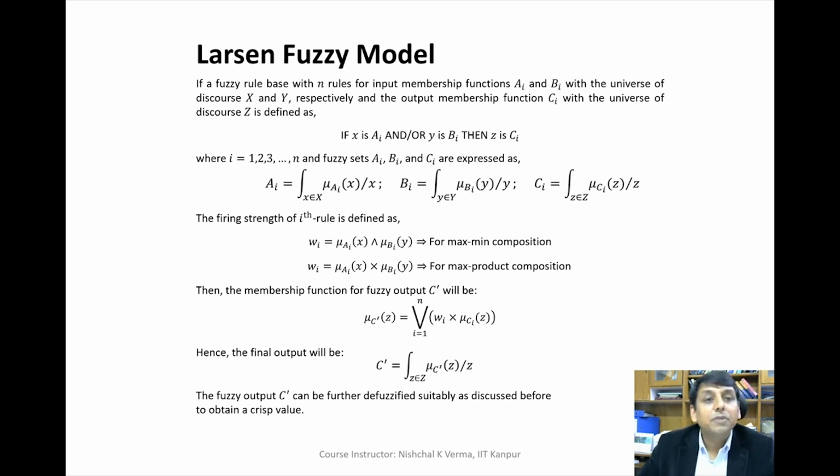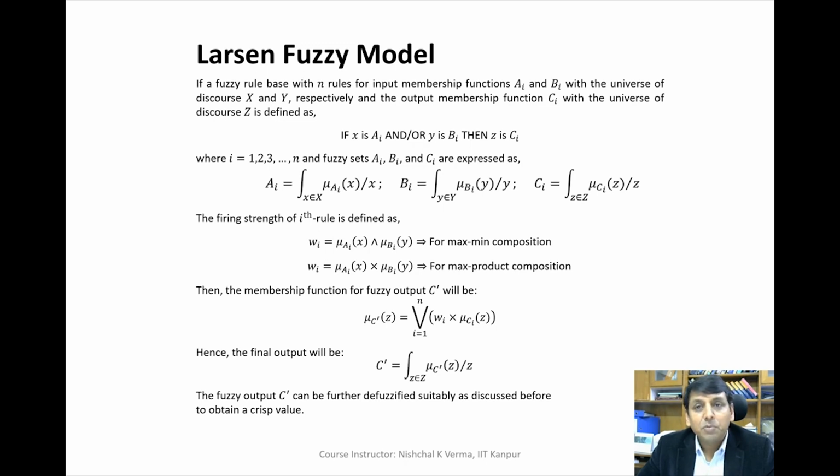So if we have a fuzzy rule base with n number of rules and our input membership functions could be Ai, Bi and so on, with the universes of discourse capital X and Y respectively.